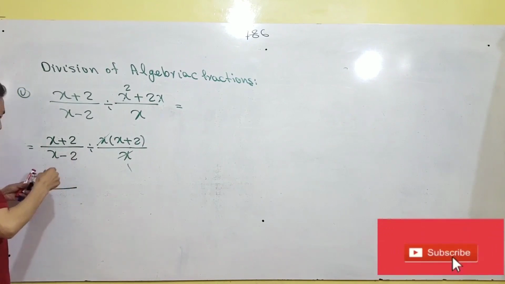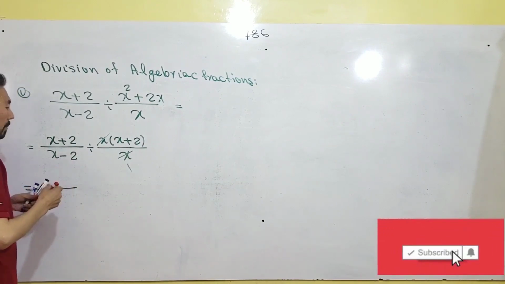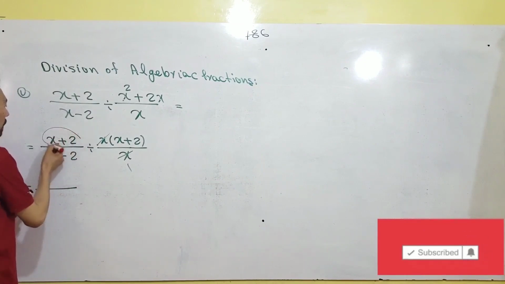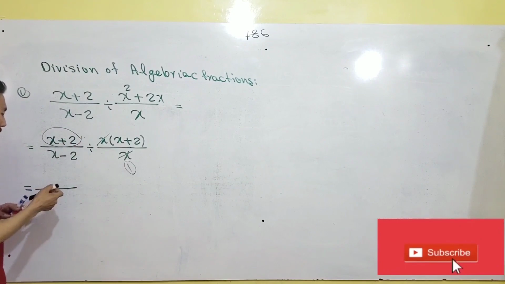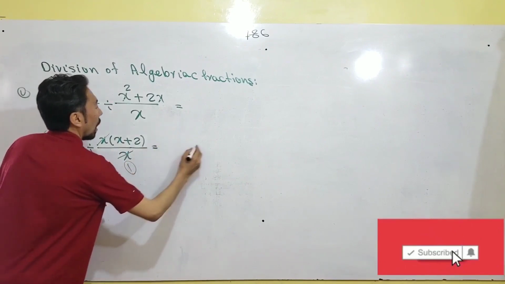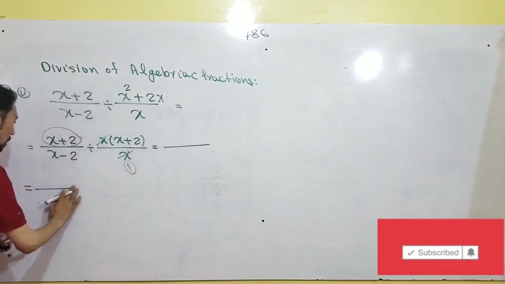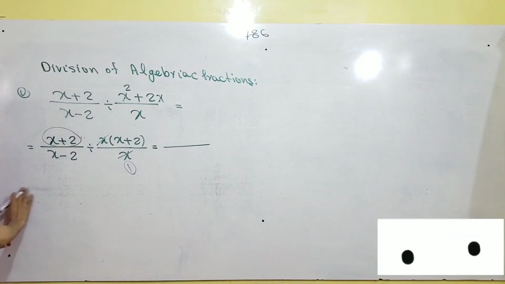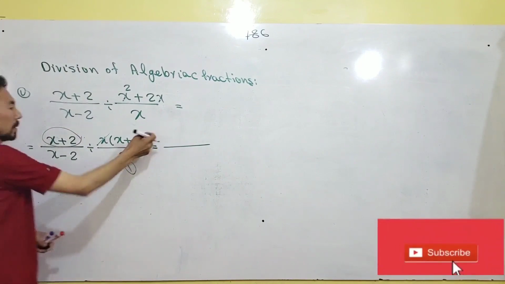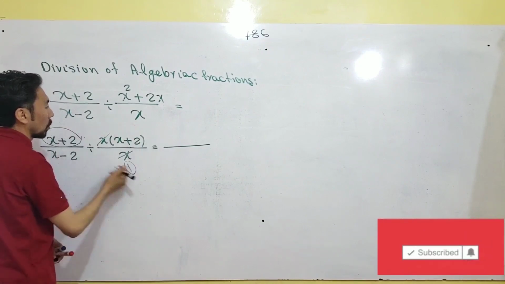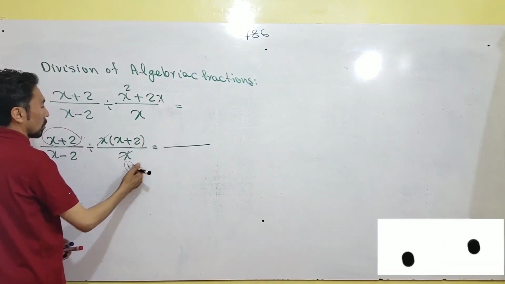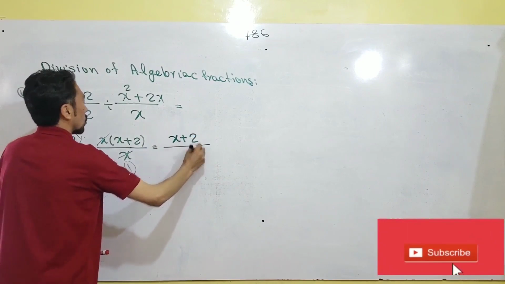Now, how should you divide? You multiply this part by the opposite, 1, and we write in the numerator the continuation of this question. We multiply x plus 2 by 1, and we write here x plus 2 multiplied by 1, x plus 2.